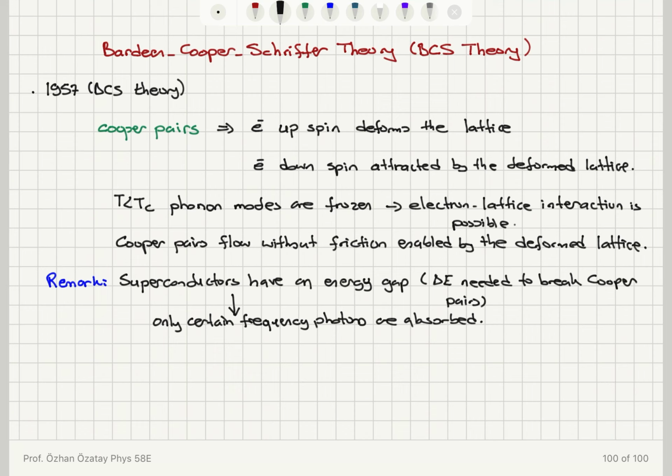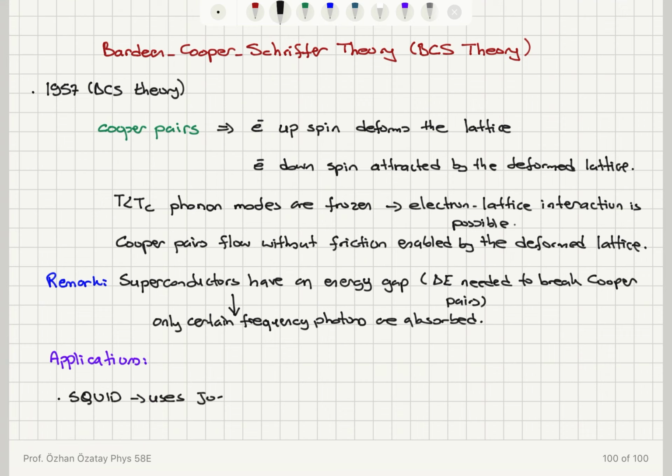As far as the applications of superconductors go, we can talk about one important application, that is the superconducting quantum interference device, SQUID.